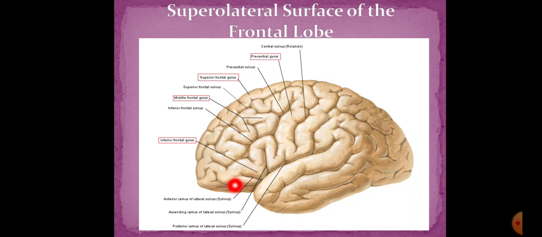So each elevation here is known as gyri, each depression is known as sulci or groove. يعني معناها أي حتة مرتفعة هنا دي gyri وأي حتة منخفضة هي شنو؟ sulci.